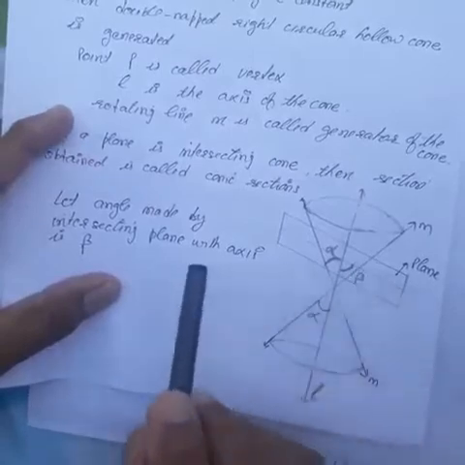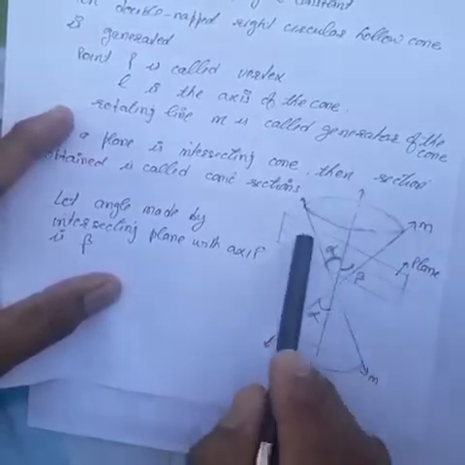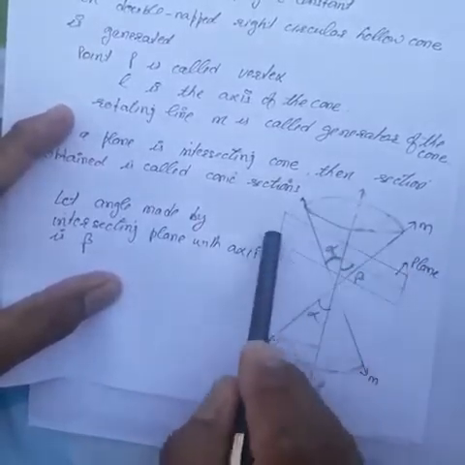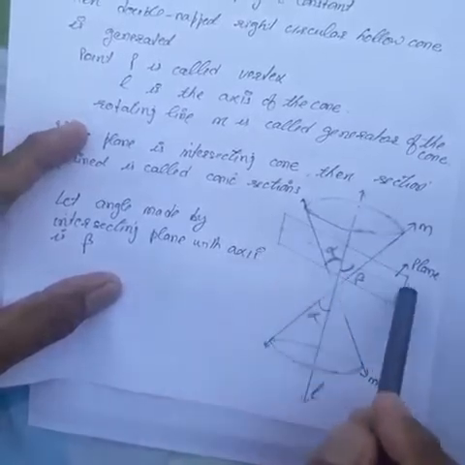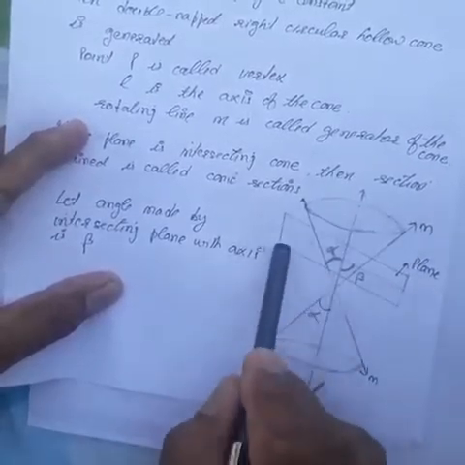Now if you intersect this cone by a plane, this is a plane, we are intersecting this cone by this plane. So you can intersect this cone at different angles.